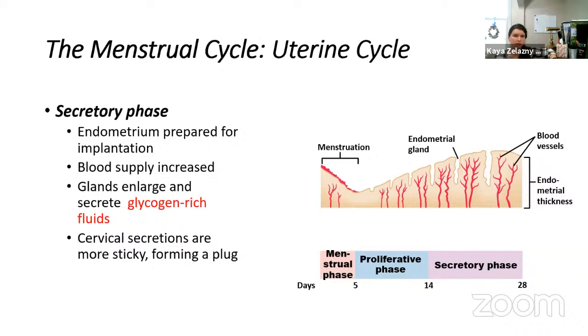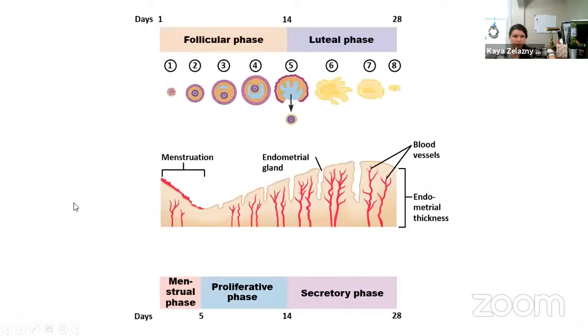So in the case that a fertilized ovum does implant, that glycogen-rich fluid can then feed the growing embryo. The cervical secretions at this point become more sticky, kind of forming a plug. All of this is kind of preparing for implantation of a fertilized ovum and pregnancy.